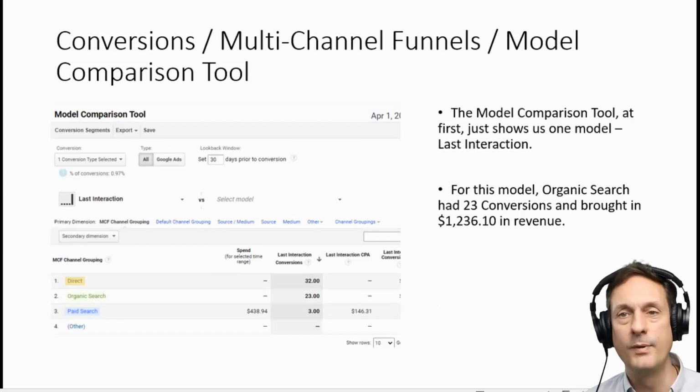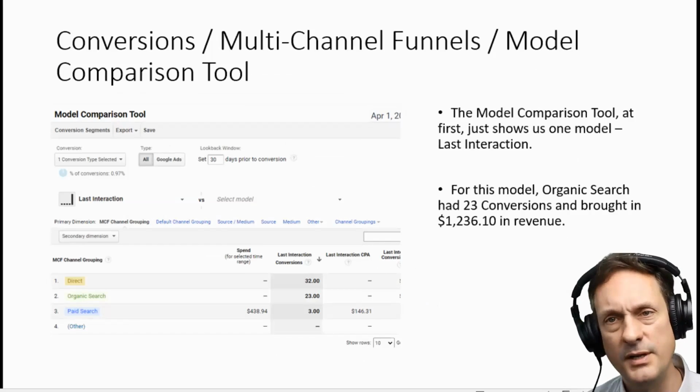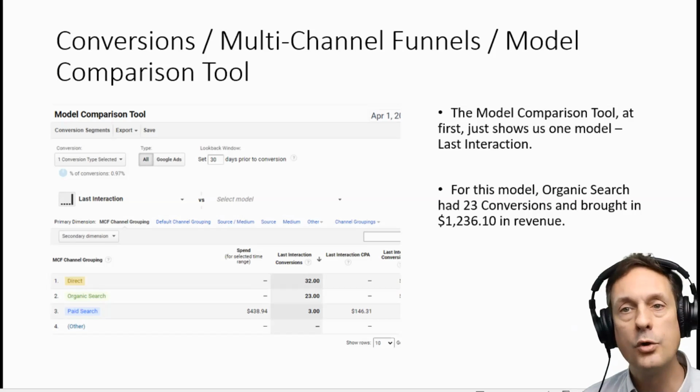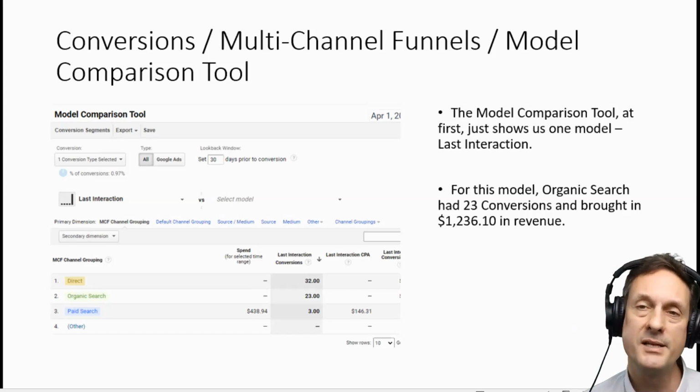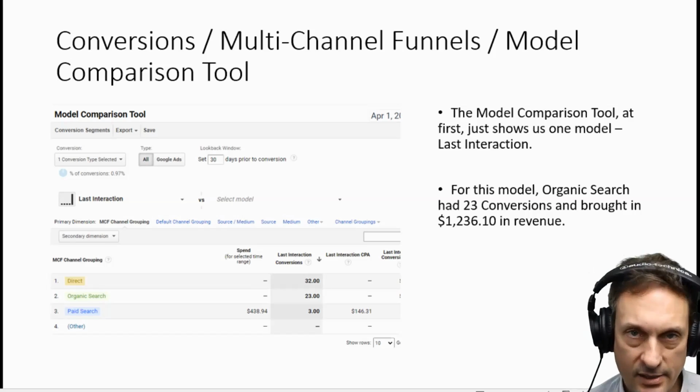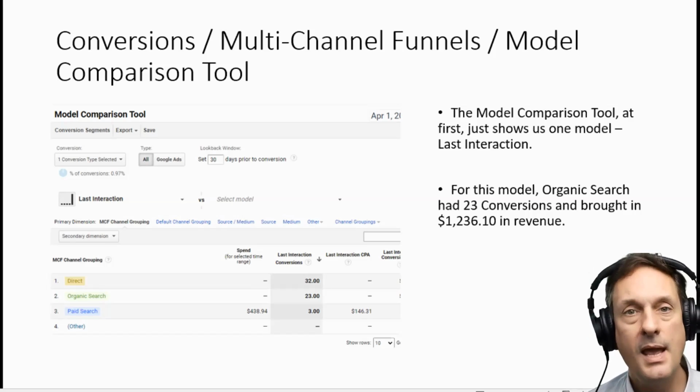What happens if we, instead of attributing it to the last channel, we attribute it across a few channels? What happens? Well, Google lets us do that. How does Google let us do that? Well, Google actually keeps track of everyone who comes to your website, okay? And it drops a little cookie on their browser, as I mentioned last time. And when they come back again, Google makes another note.